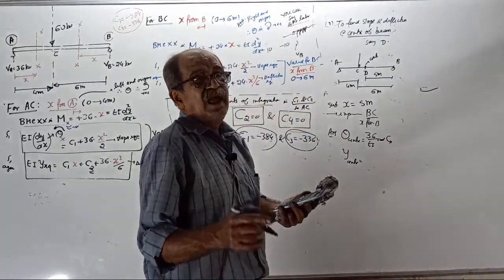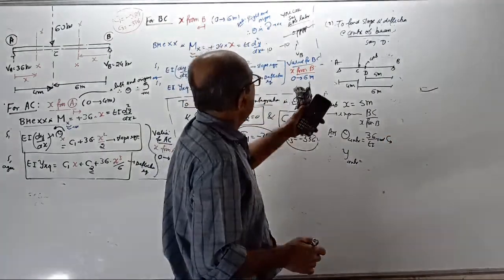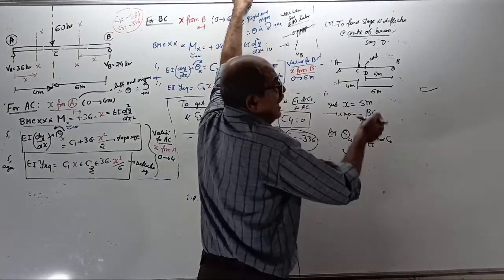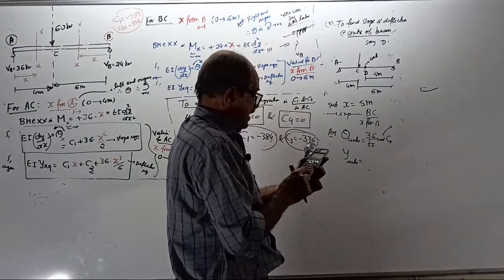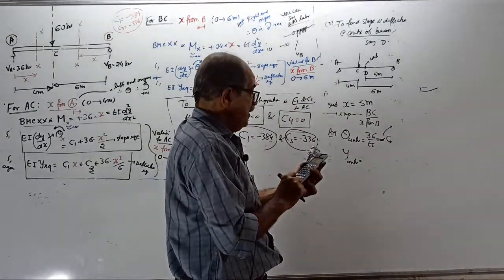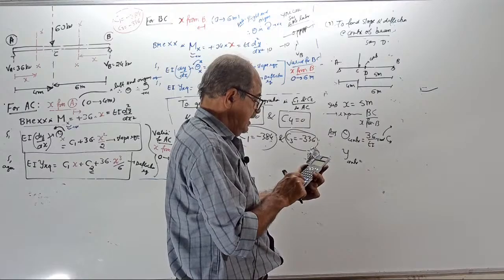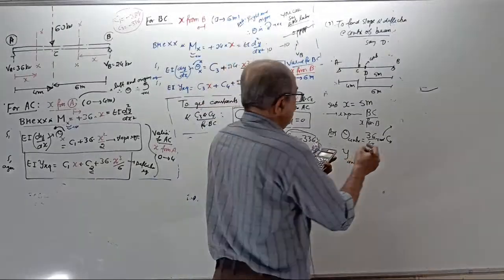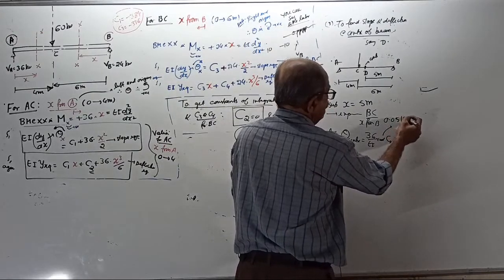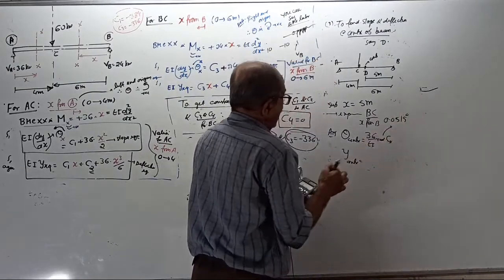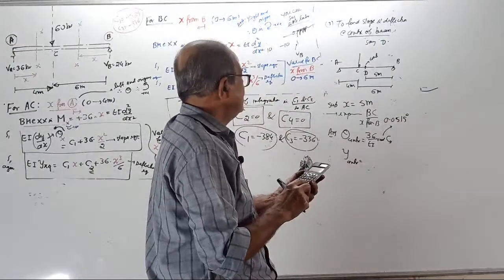If I convert it, divided by 40,000 and into 180 divided by pi, it will come 0.0515 degrees. And the deflection at the center is important.